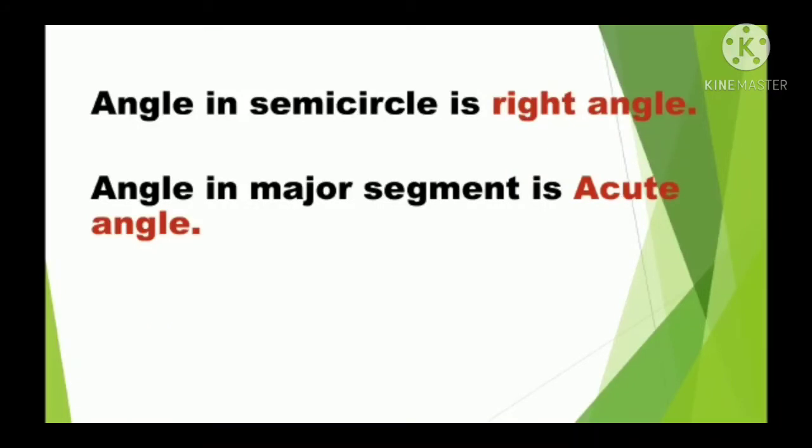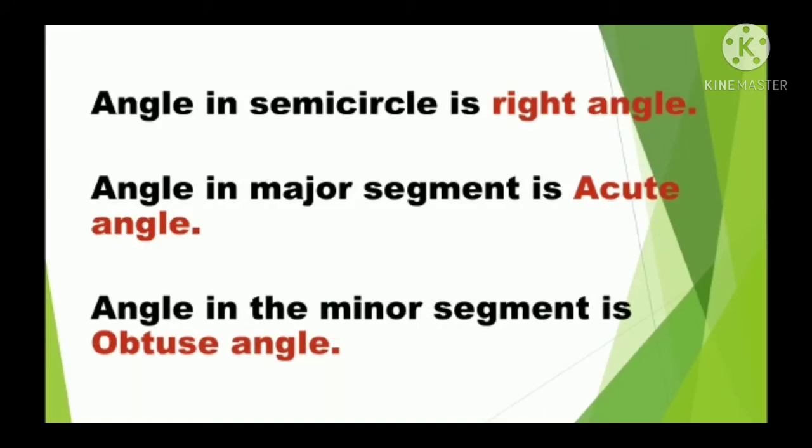And the angle in the minor segment is an obtuse angle. So our results are here: angle in the semicircle is a right angle, angle in the major segment is an acute angle, and angle in the minor segment is an obtuse angle.